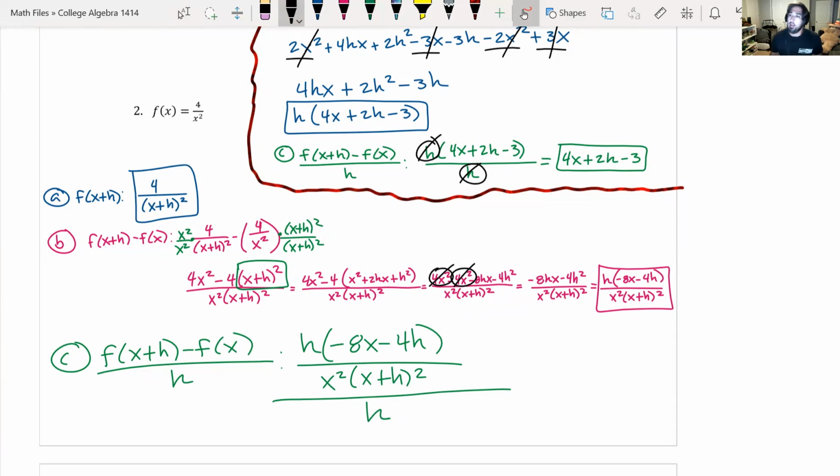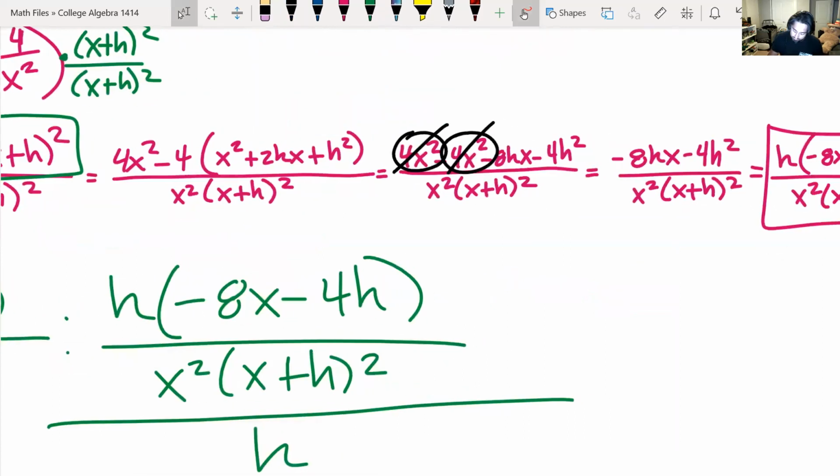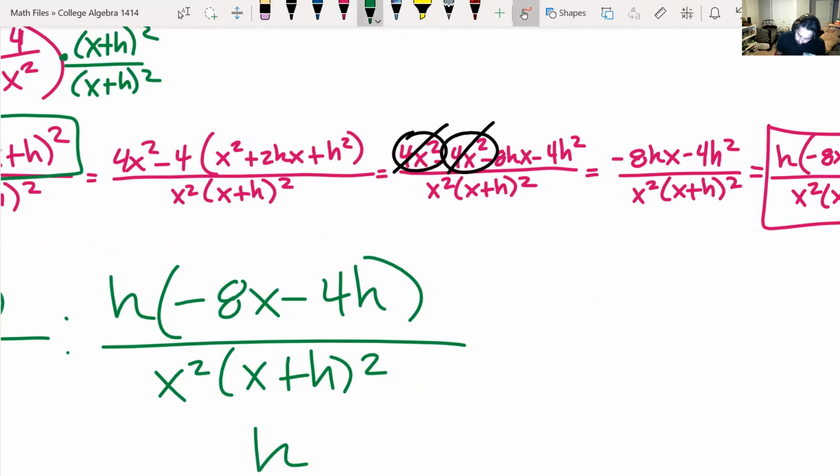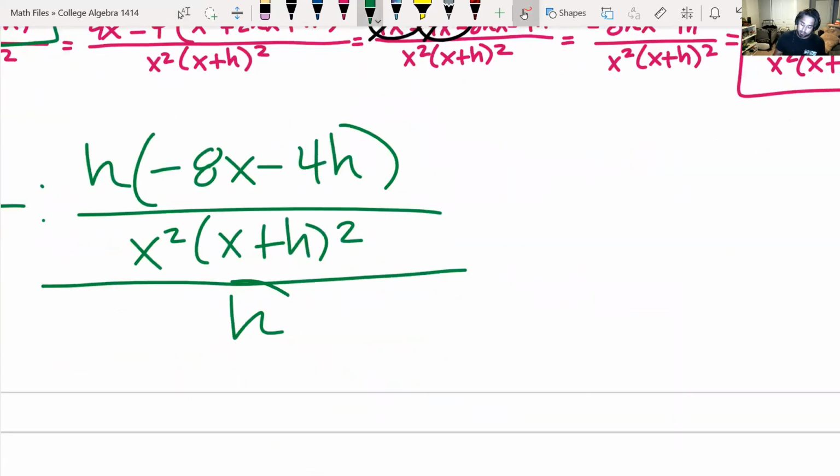And what you see here is that, let's see. Do I have room? I have room. I'll just write it a little smaller. There we go. And I won't make this as big. So what we do is we take this h and we put it over 1 and multiply by the reciprocal.